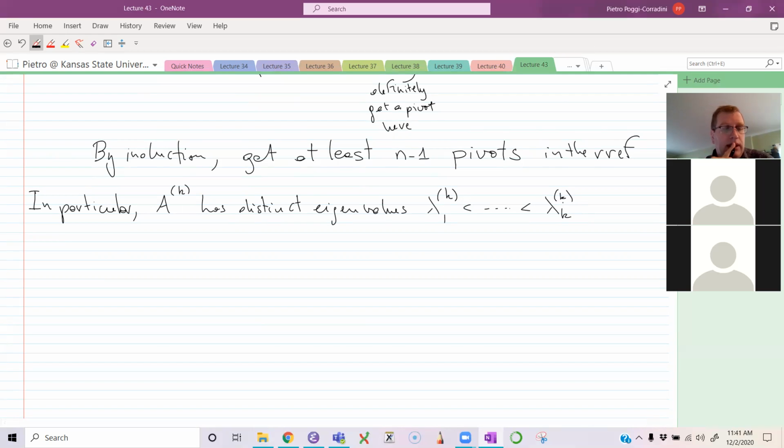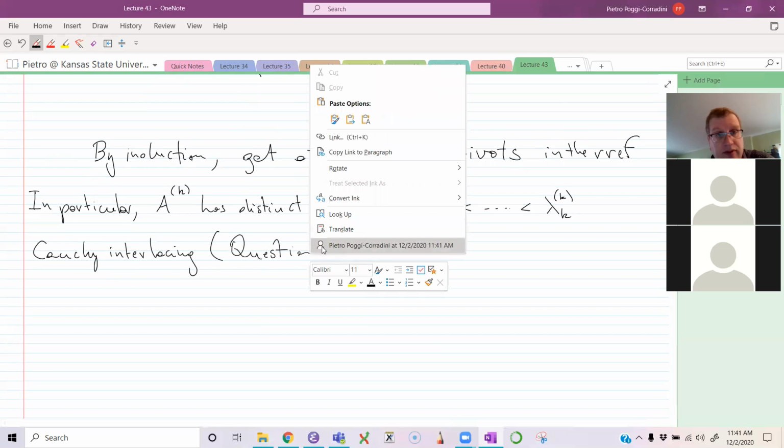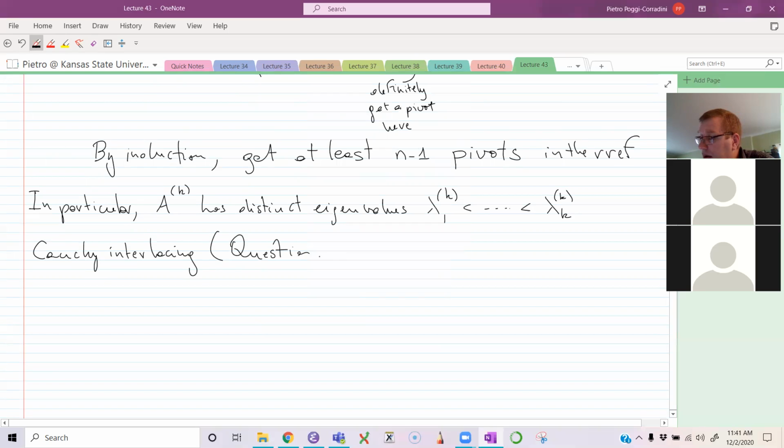But more interestingly, there's something called Cauchy interlacing, which I think you did in the homework, question 5.4.